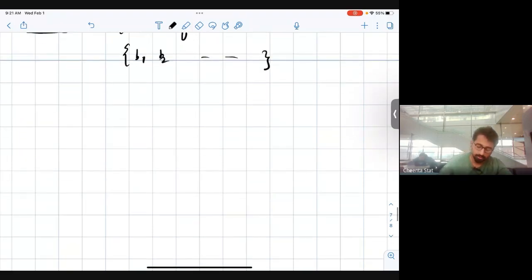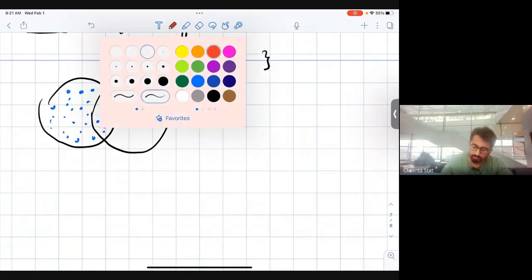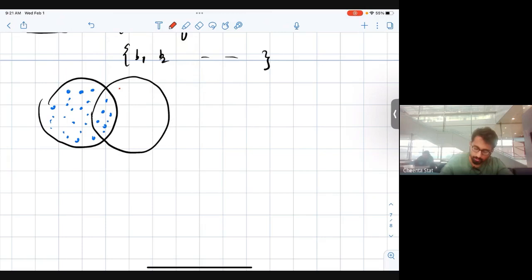If you picture it, here are some countable elements, and here are some more, and these are common countable elements.